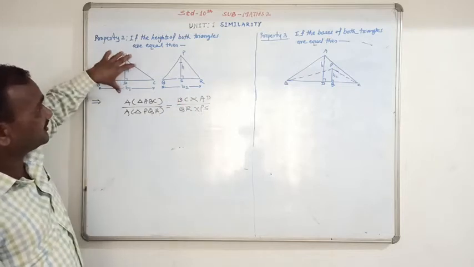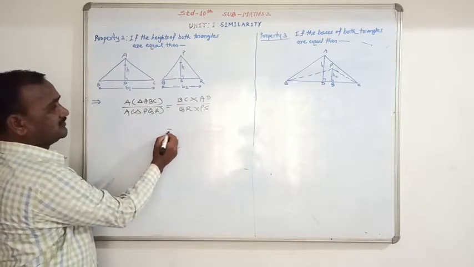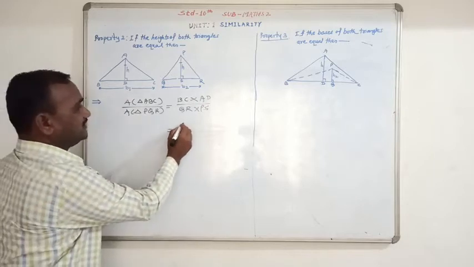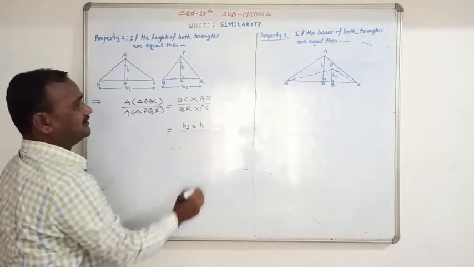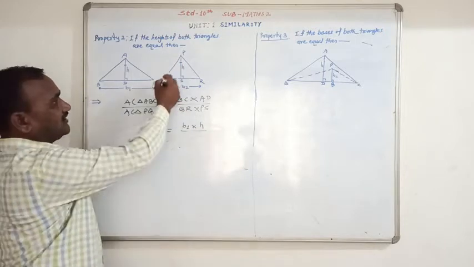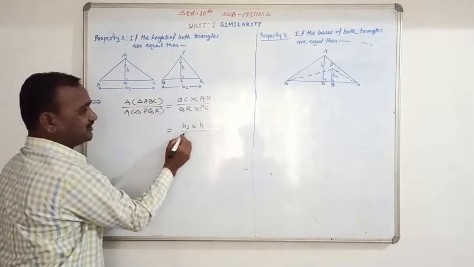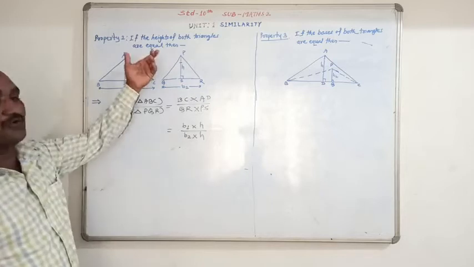Look at the figure, both these triangles have equal heights. So put here the values of BC, AD, QR and PS. In the figure, BC is the base B1, into AD is H, divided by, in triangle PQR, QR is the base which has the value B2, into H. Means both triangles have equal heights.